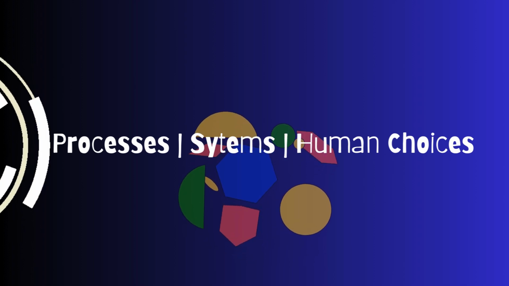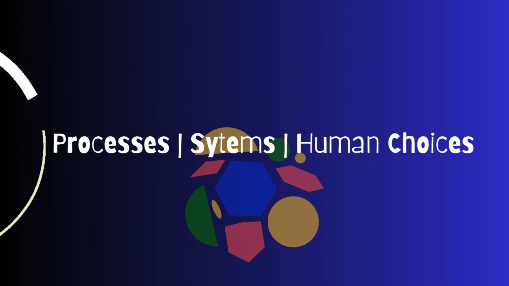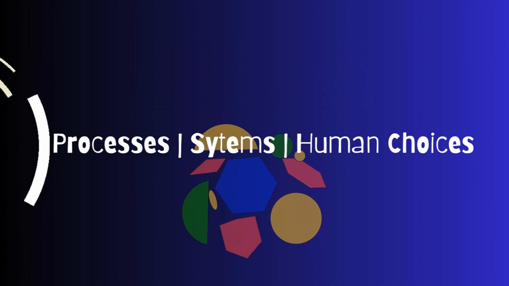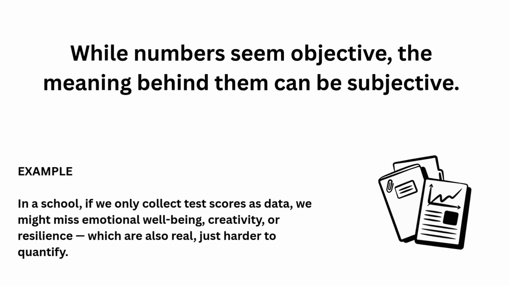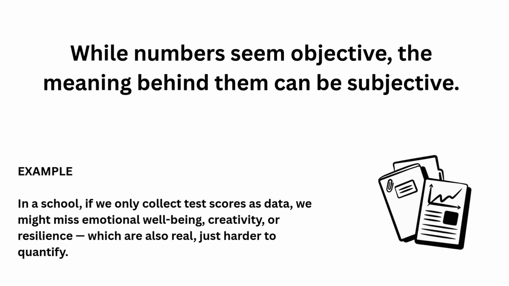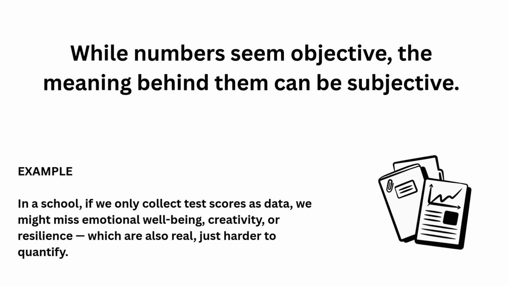Example, in a survey, the way questions are worded affects how people respond. That affects the data. Data is also subjective to an extent. While numbers seem objective, the meaning behind them can be subjective. We decide what counts as important data, how to interpret it, what to do with it.